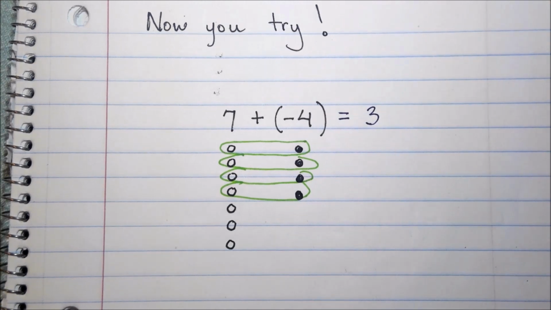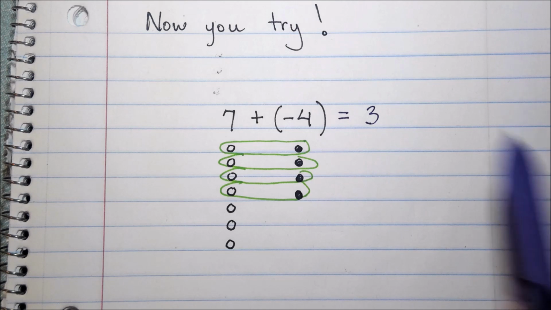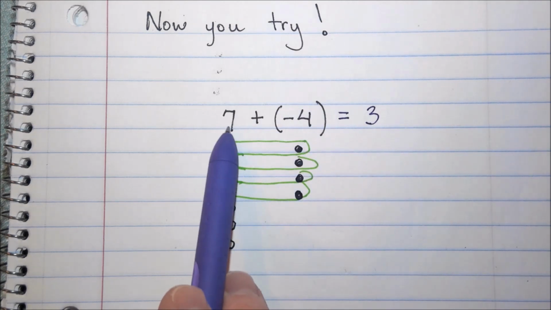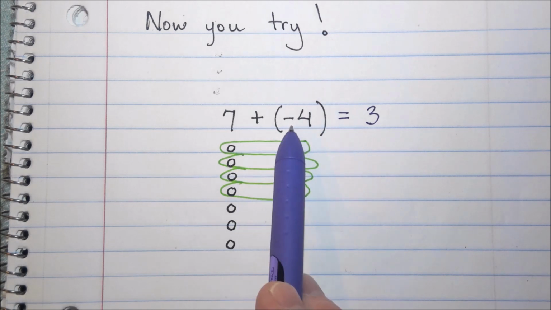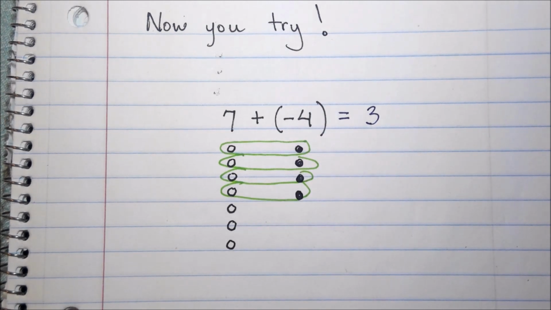All right, so the final answer is +3. Now, one other way to look at it is you can say, I have $7 and I just spent $4 on lunch. How much money do I have left? And again, you have 3.